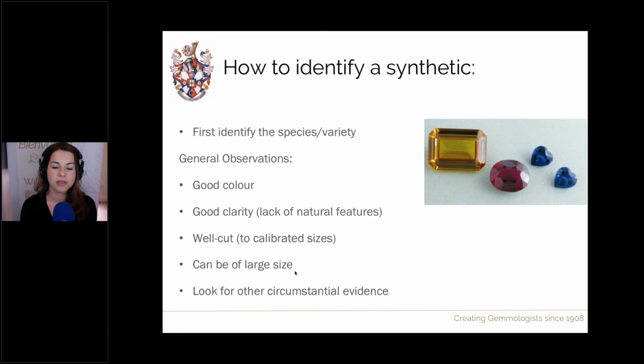Also, you can look at the number of stones. To get a suite of perfectly matching stones, the same size or the same color, is really difficult. Although it can be curated over time, these suites are very, very rare and very expensive. So if you do happen to see many gems together that have good color, good clarity, and are all well cut to the same shape and sizes, that leans towards the fact that these might be synthetic stones.